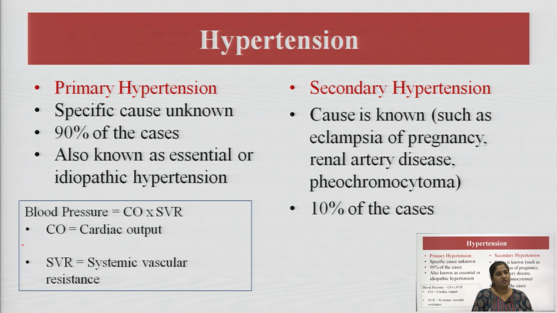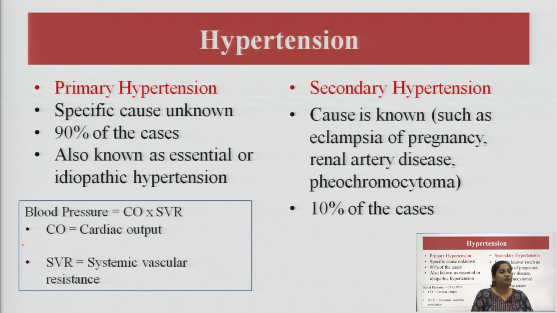In primary hypertension, 90% of the time the causes are not known. That can be hereditary, that can be any reason not exactly associated with any health issue. But secondary hypertension is associated with some sort of health issue. So, 90% of the cases are primary hypertension, whereas the rest 10% are secondary hypertension.